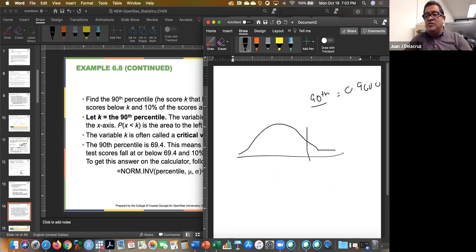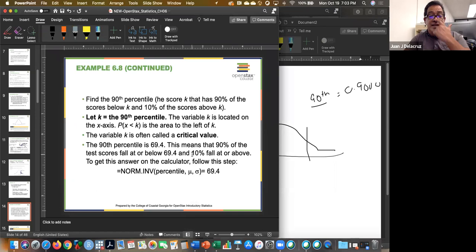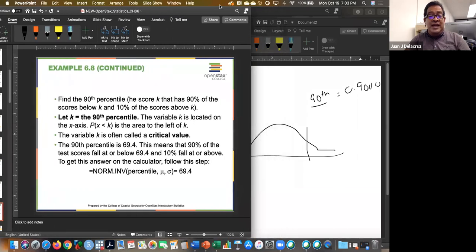You can find this number, this C-score. So here, find the 90th percentile. So the score K has 90% of the scores below K and 10% above K. So let K be equal to the 90th percentile. So the variable K is located on the x-axis.